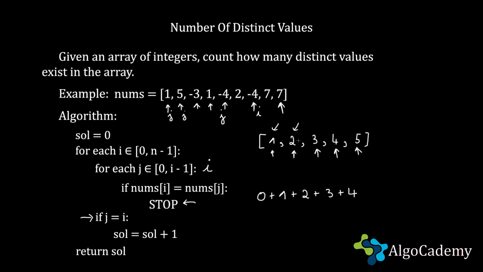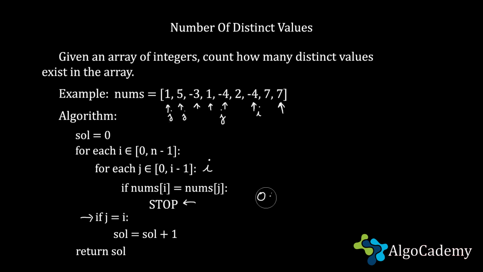But on a more general example, let me clean this up. On a more general example, so for an array nums of n elements, let's denote the number of elements with n, we will have 0, plus 1, plus 2, plus dot, dot, dot, plus n minus 1. And this is, as we know, the Gauss sum, n crossed n minus 1 divided by 2, right?